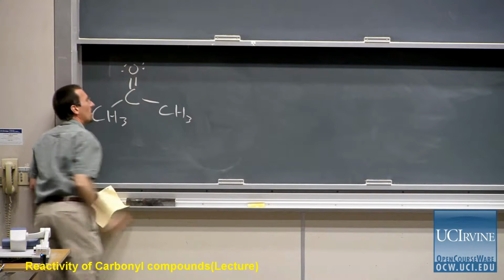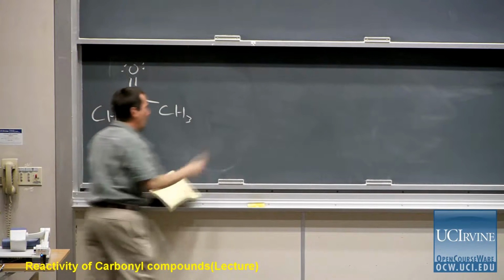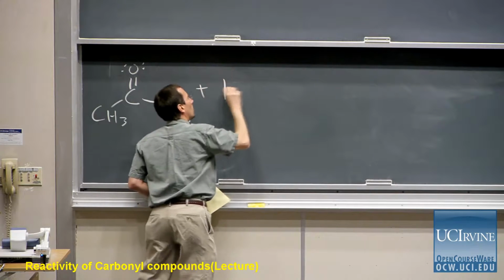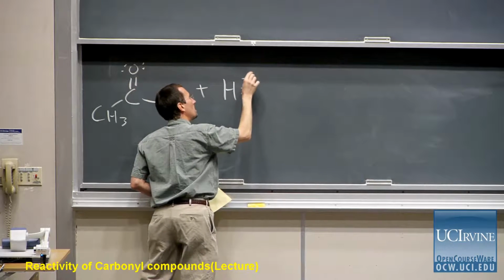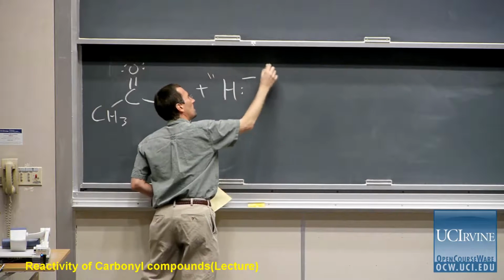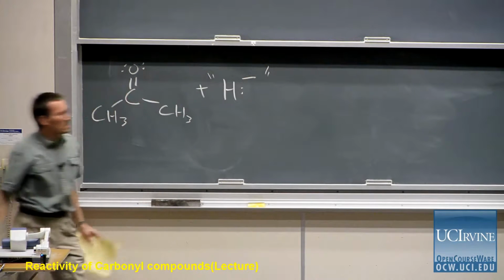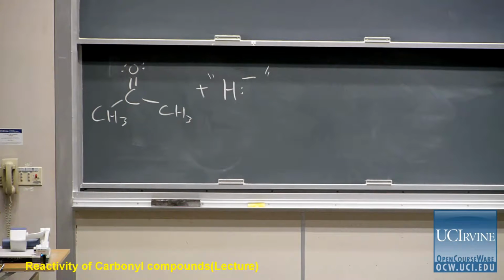And so the nucleophile that I'll draw is hydride. And I think I'm going to put it in quotes. And the reason I'll put it in quotes is you essentially never have hydride as an entity.